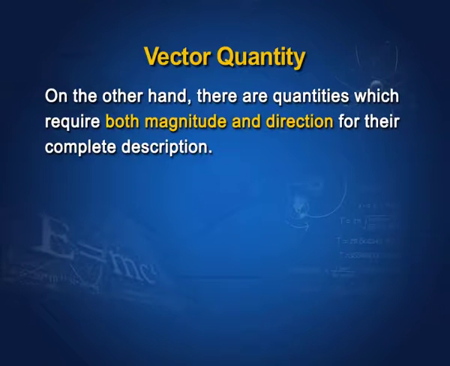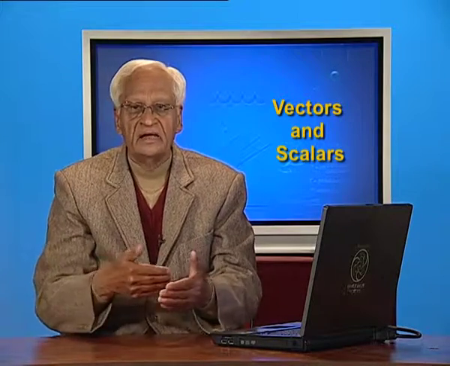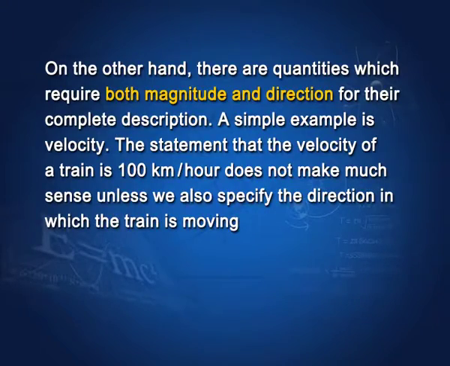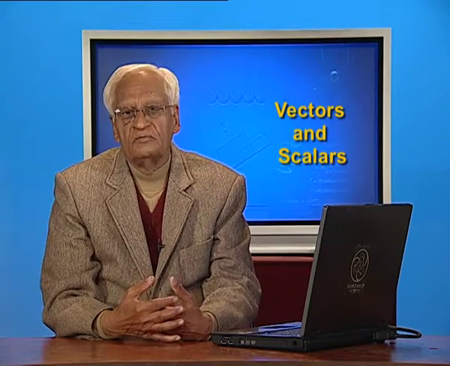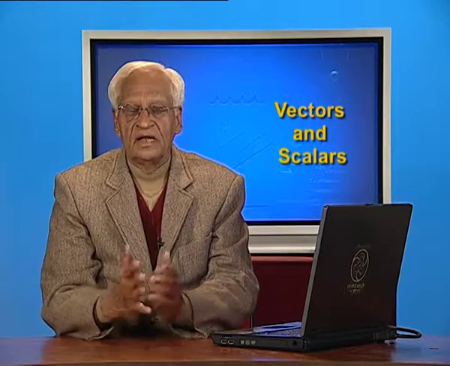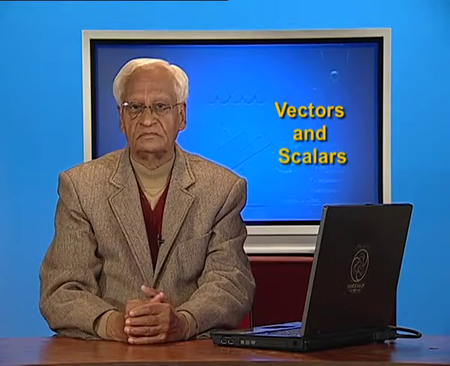On the other hand, there are quantities which require both magnitude and direction for their complete description. A simple example is velocity. The statement that the velocity of a train is 100 kilometers per hour does not make much sense unless we say the direction in which the train is moving. Vector is a word borrowed from the English language. The dictionary meaning of vector is something that moves.